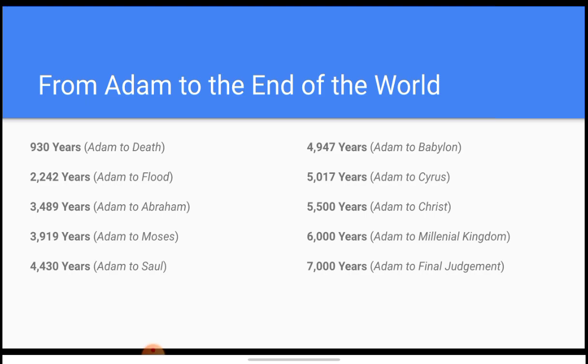As you can see here, if you're going to choose any starting point in world history to begin tracking time, Adam is the most logical person to begin with, because all evidence points to the creation taking place, and Adam is the first man to be created.